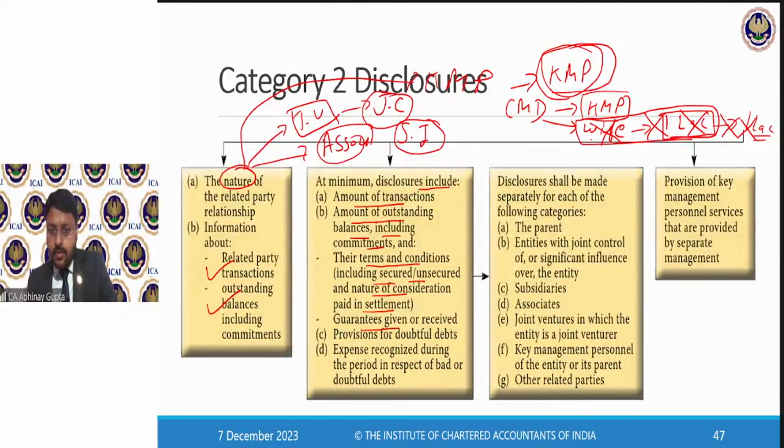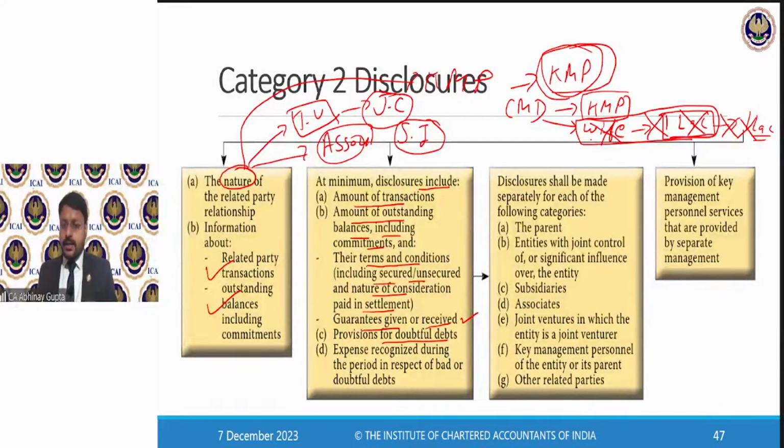Guarantees, if any, given on behalf of any related party or received from any related party also need to be disclosed. Then ECL, expected credit loss. Suppose I have sold goods to any of the related parties, say a JV or associate or the KMP, or the KMP's partnership or the KMP's relatives, and I have not yet collected those balances or receivables.